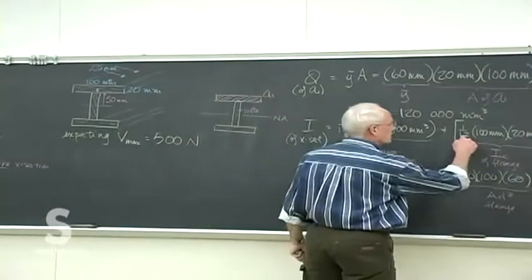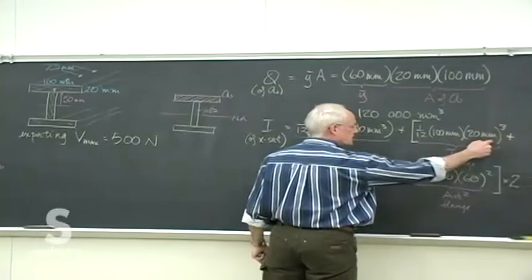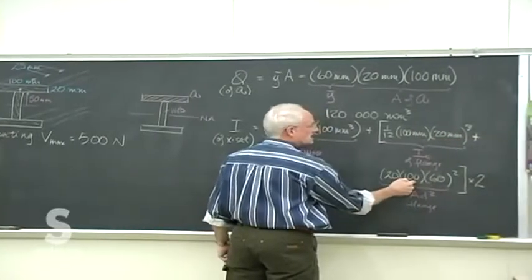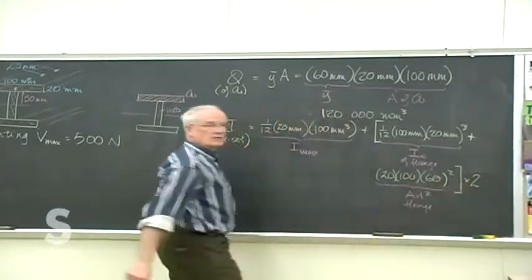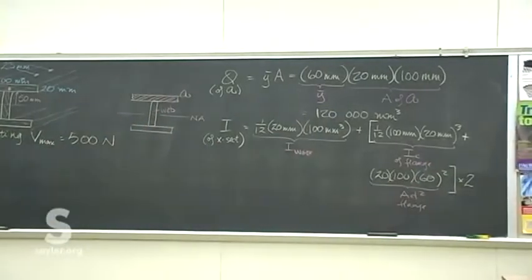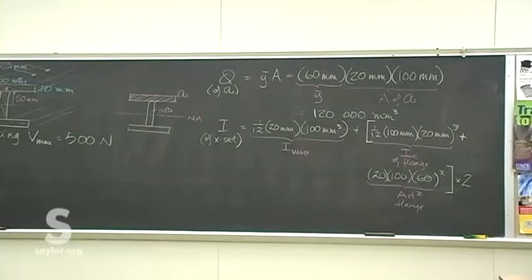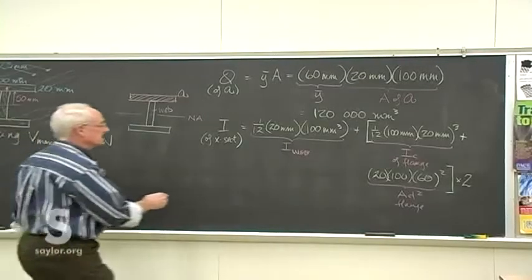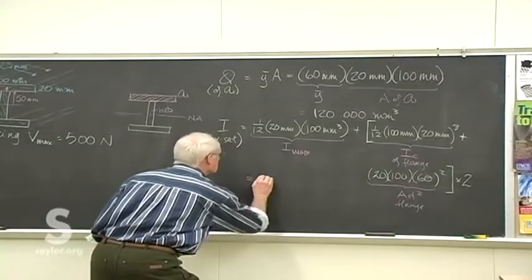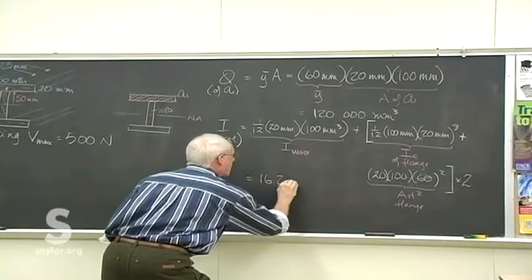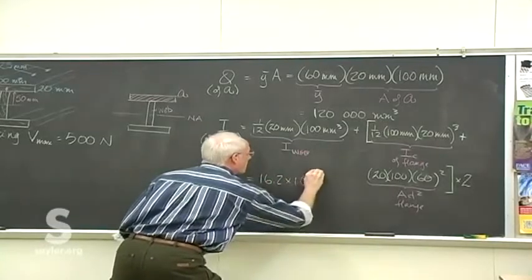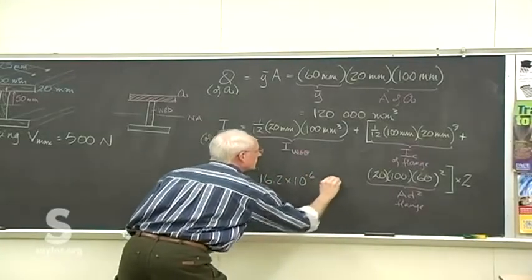And then the moment of inertia of the flange times the parallel axis theorem times 2, because there's 2 flanges. That comes out to be 16.2 times 10 to the minus 6 meters to the 4th.